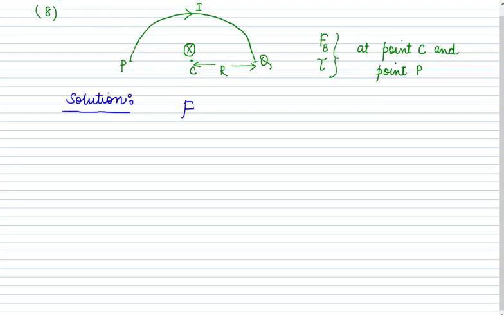The formula for force is F is equal to ILB. We have to use it whenever there is a magnetic field. The current flowing is I. Simple, just write down the formula. The length of the wire, if you see, will be twice R, and the magnetic field is B. So I times 2R times B is the force, with the magnetic field at the center.